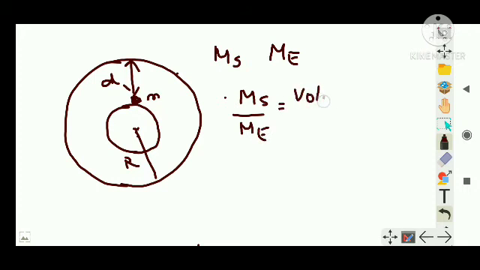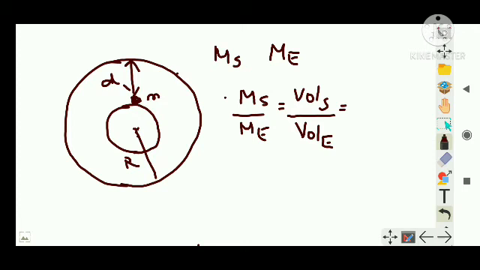So I will write the volume of the smaller sphere into density of Earth divided by volume of the entire Earth into density of Earth. These two can be cancelled out. So we can just write mass of the smaller sphere by mass of the Earth is equal to volume of the smaller sphere by volume of Earth, right?